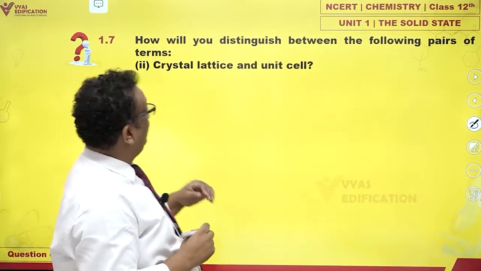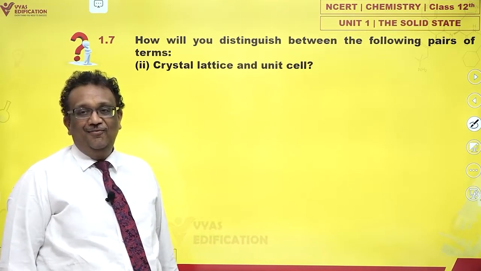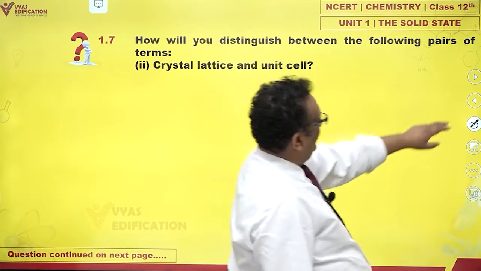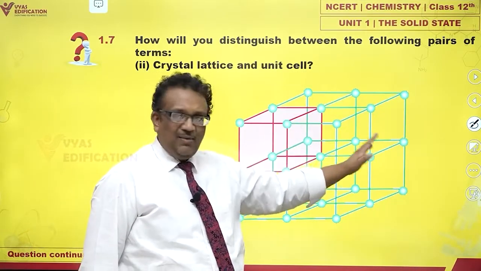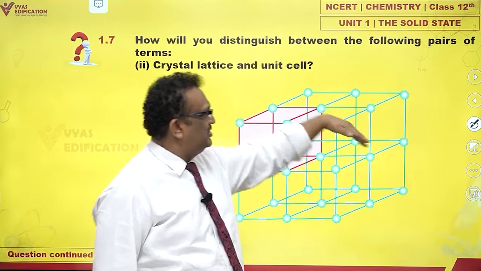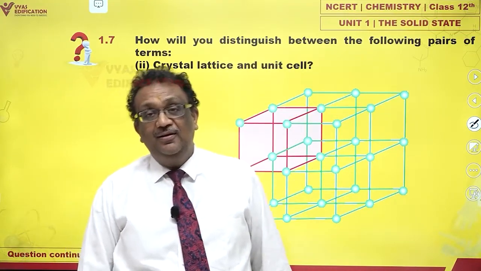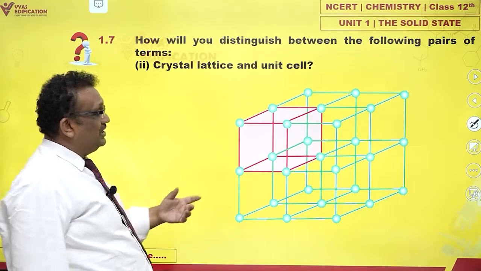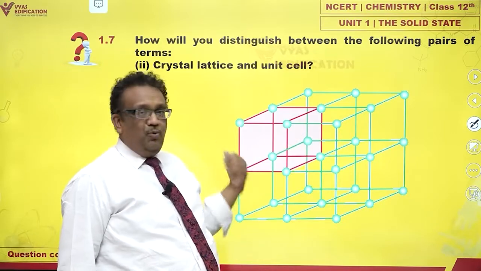How will you distinguish between crystal lattice and a unit cell? Well, that is very interesting and very simple also. Just look at this. If it carries on indefinitely in this direction, this direction, this direction, all these points collected together, they are called crystal lattice. And unit cell is just one portion.